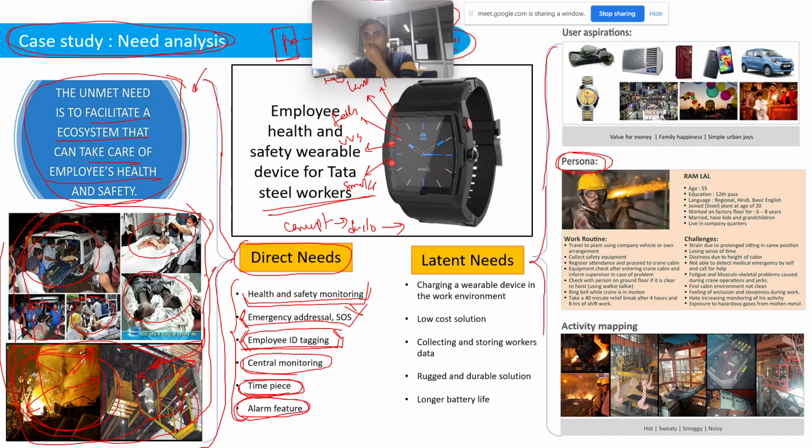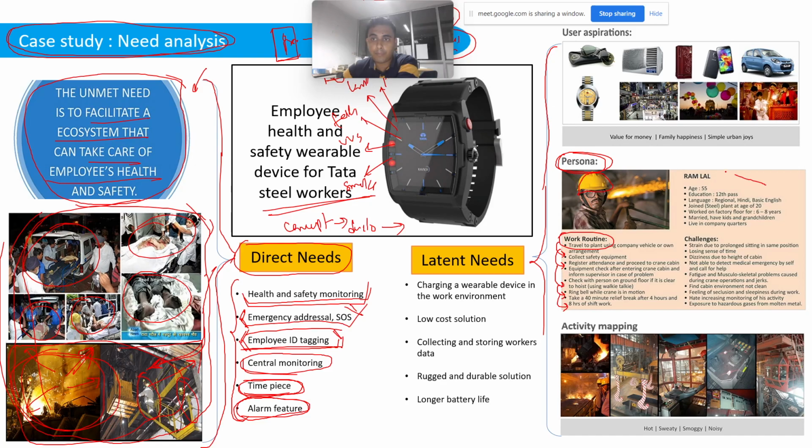We tried to understand their daily routines: how they go from their homes, how they collect their tools, how they perform their registry attendance, what gadgets or safety equipment they carry for their job, and when they finish their job, how they submit all the things that have been issued to them. So we created personas.